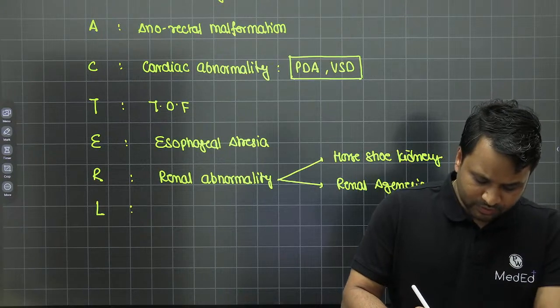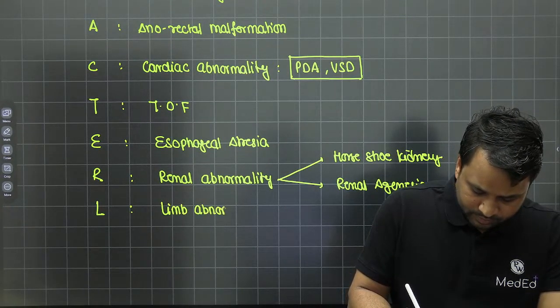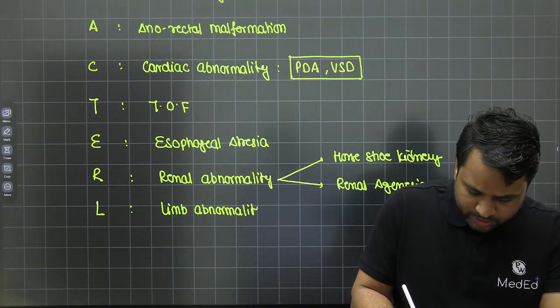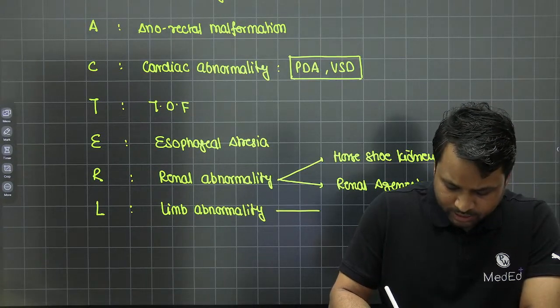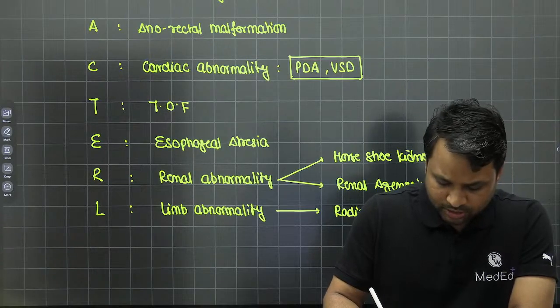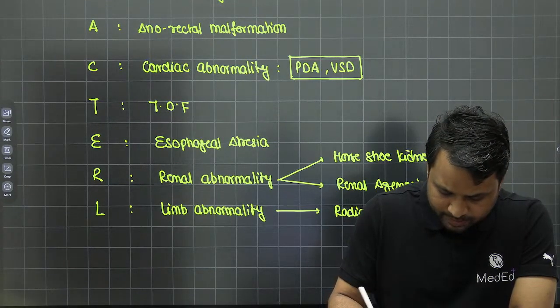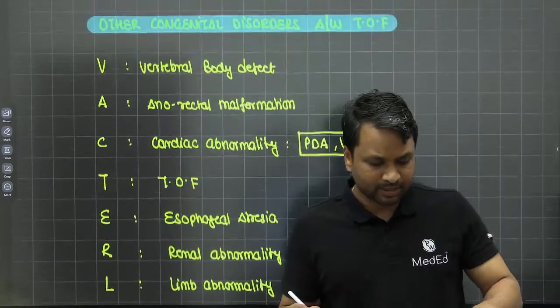And L stands for limb abnormality. The commonest limb abnormality is radial bone hypoplasia, so the arms are short. This is radial hypoplasia, right?